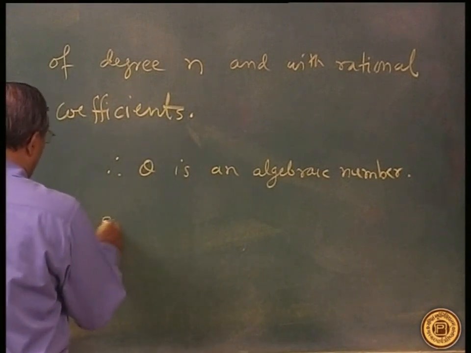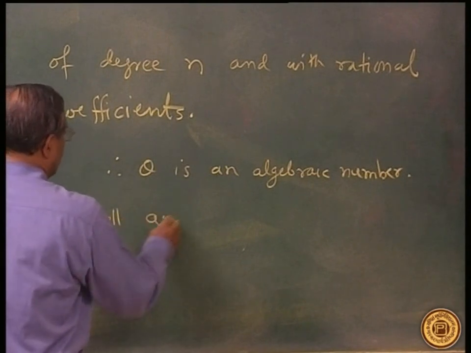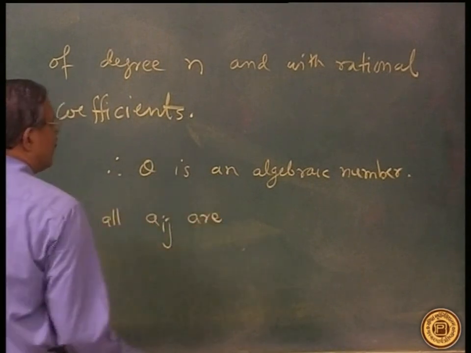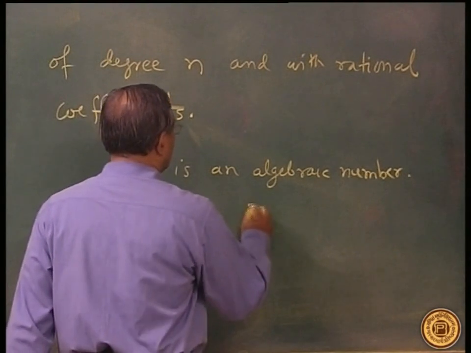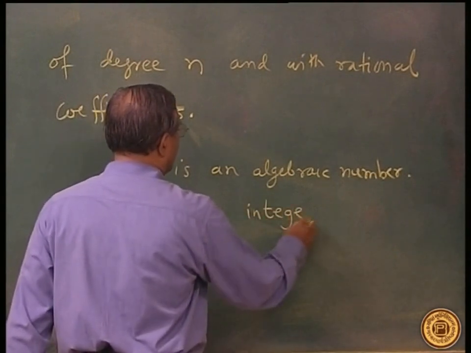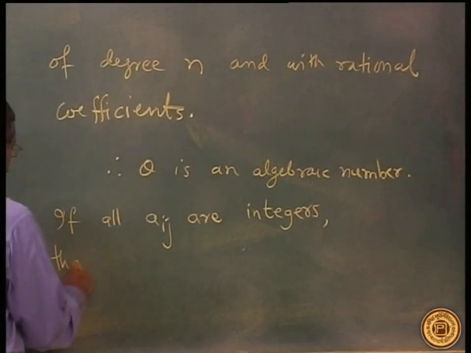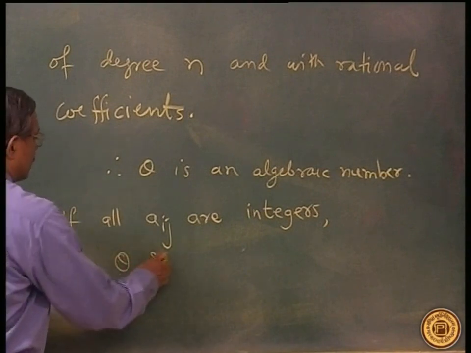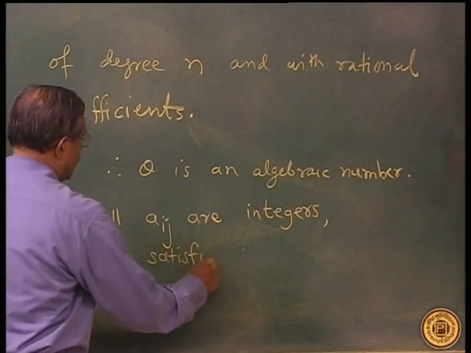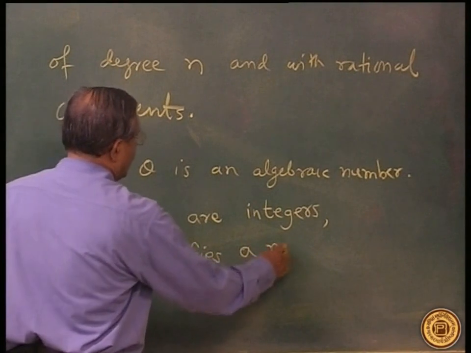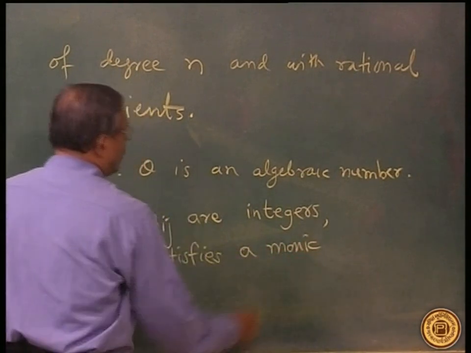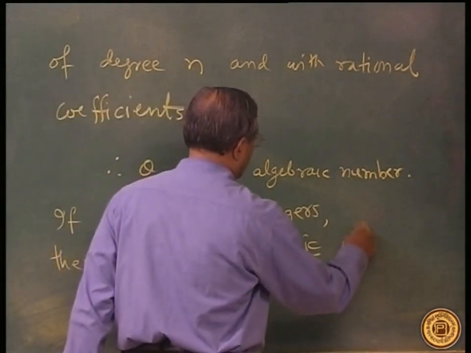So, if all Aij are integers, then theta satisfies a monic polynomial.